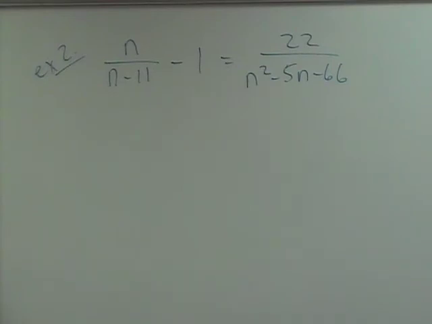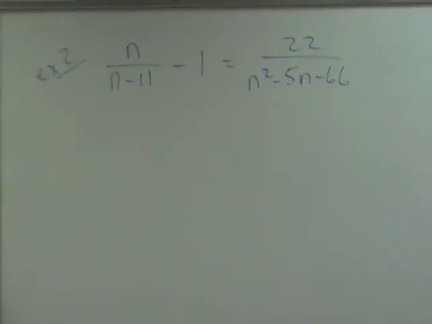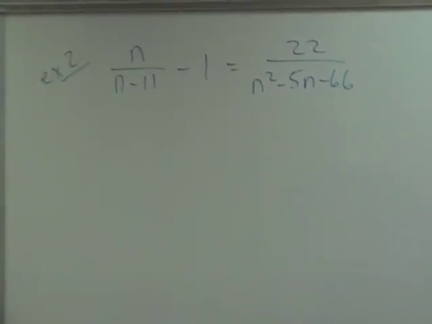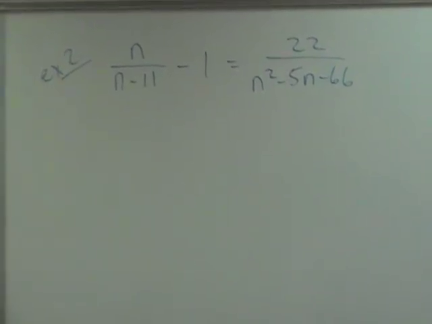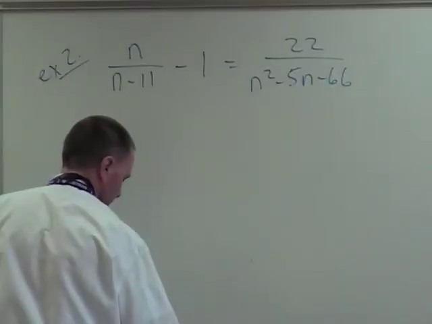Why is this one stumping you people? I got the answer. Where is it? Write it down. That is the denominator. I want the answer. You've got to solve it. There's an equal sign up there. Solve it.